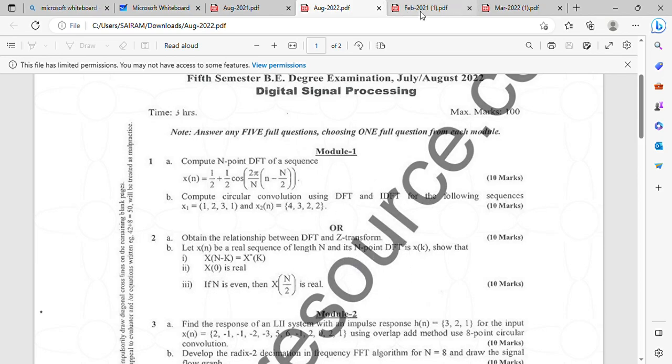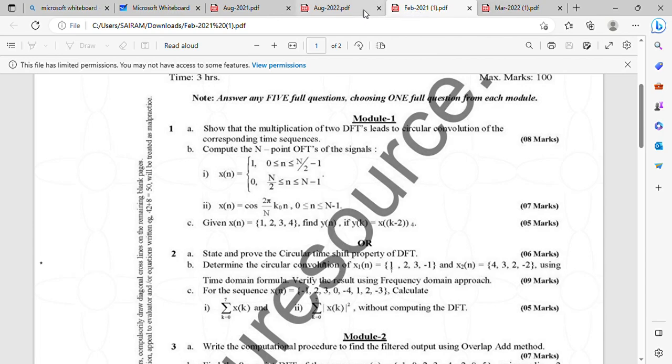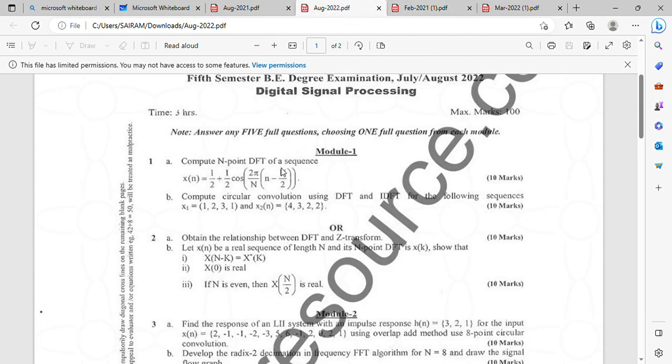Many people will take this question paper and think, let me study only question number 1, because in question number 1 he has asked you to compute circular convolution using DFT and IDFT for the following sequences x1 of n and x2 of n, and here he has given you to find the N-point DFT, right?